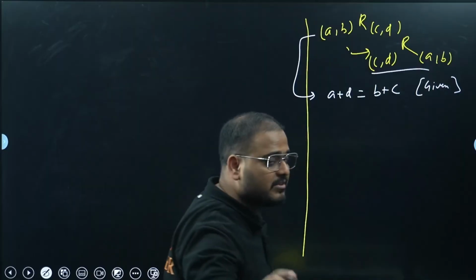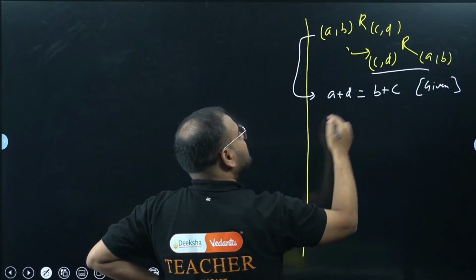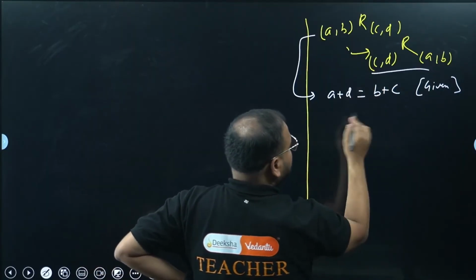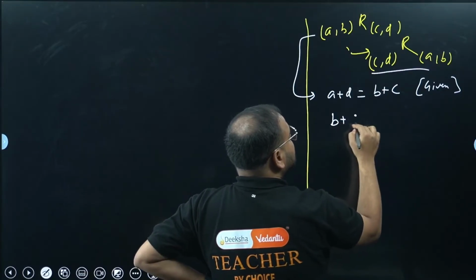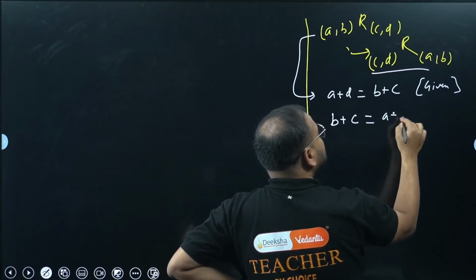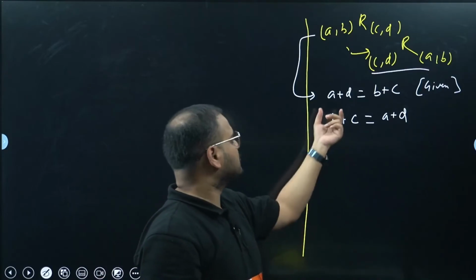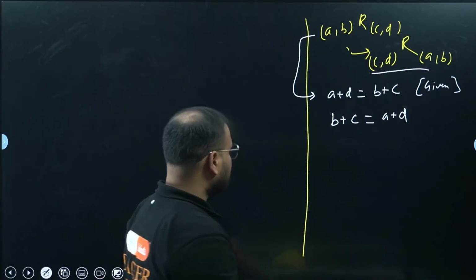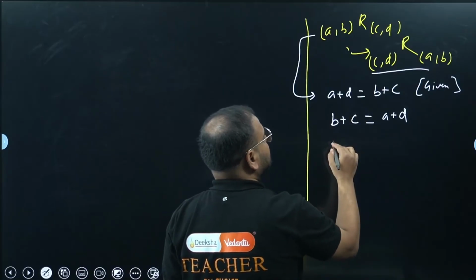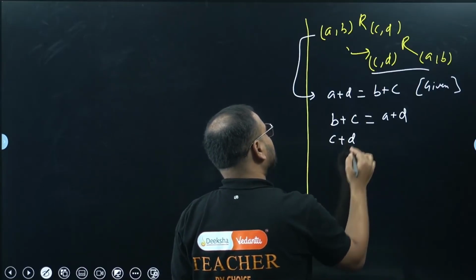How will that look? Let's interchange the equal to sign. So I can write this as B plus C equal to A plus D. We can write it down: if A equals B, then B equals A. Then rearrange the terms. So I write it as C plus B.